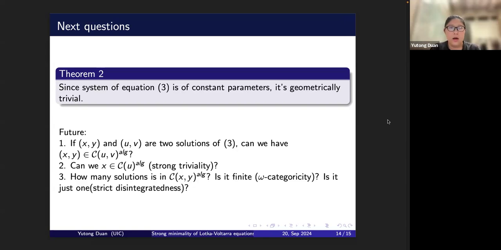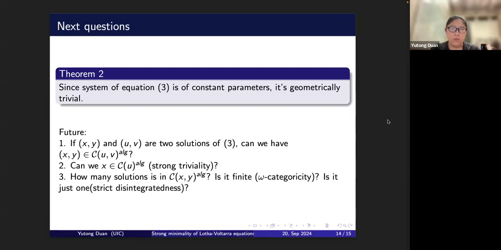Also, how many solutions can you find just using one solution? That means how many solutions are in the algebraic closure of C adjoined x, y. If it is finite, we call the equation omega-categorical.